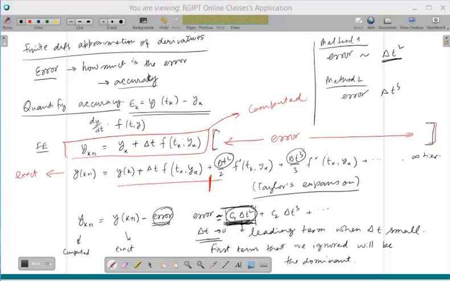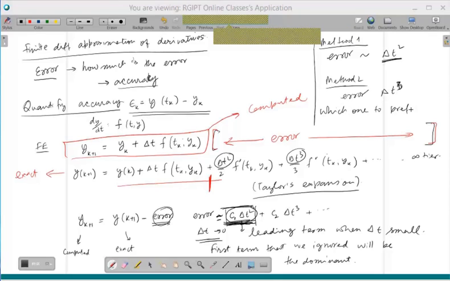In general, you will get methods where errors scale differently with respect to delta t. It may have a different exponent. Some method may be delta t to the 4, some may be delta t square, etc. Which one do you prefer? The question is, which one do you prefer?